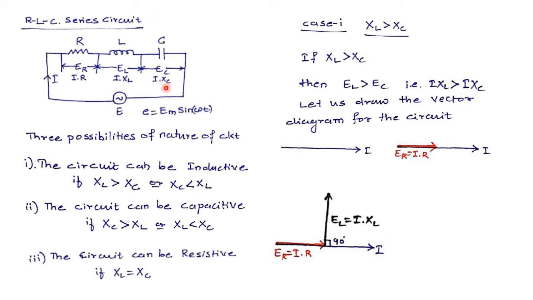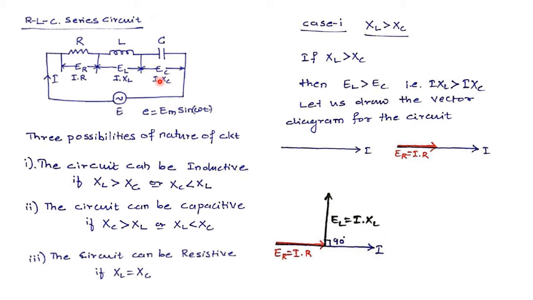Again I represent this drop, or the voltage across EC, analogous to the voltage drop IR, where I take the help of capacitor reactance XC to represent the voltage across C as I into XC.